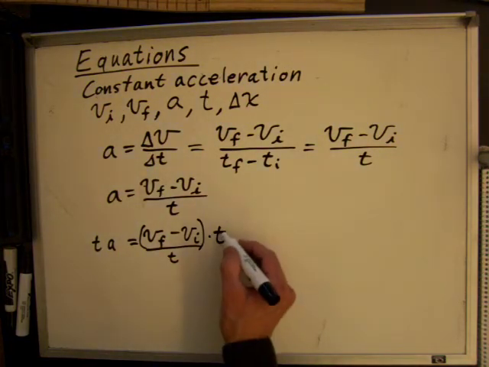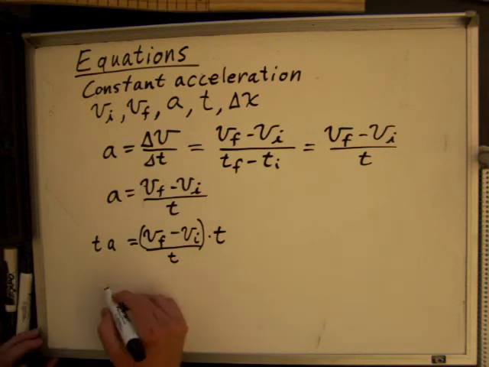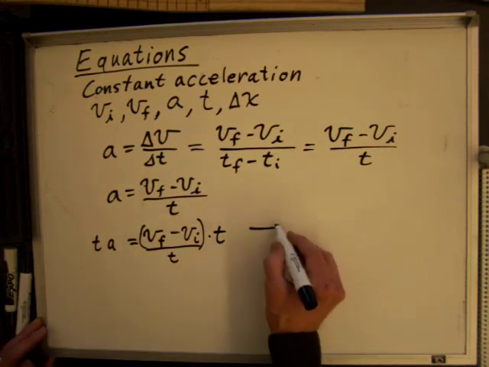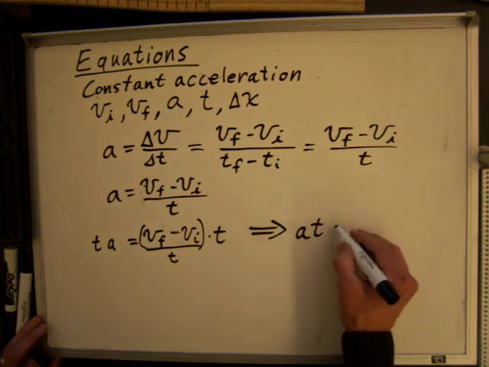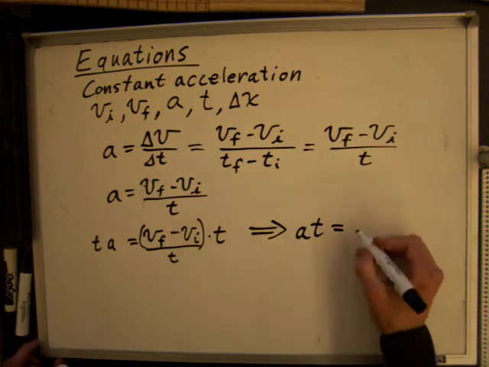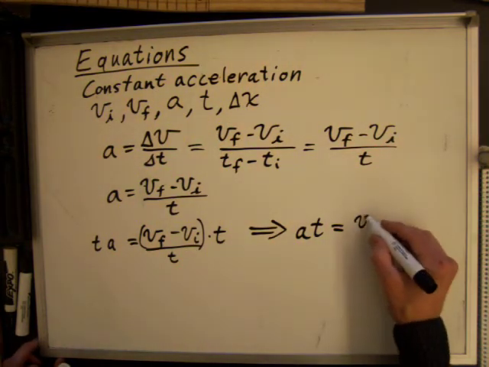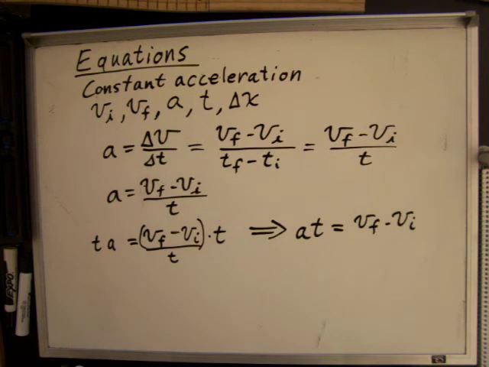Now the T in the numerator and the T in the denominator cancel out, and so then I can write this. Actually, the conventional way of writing this would be AT. People usually like to flip this around, so you'll see this in the book. AT equals VF minus VI.